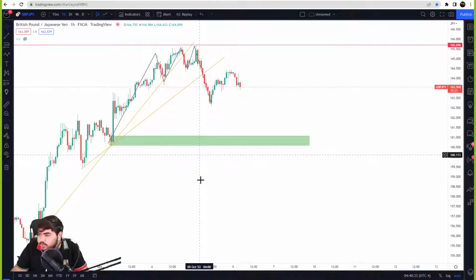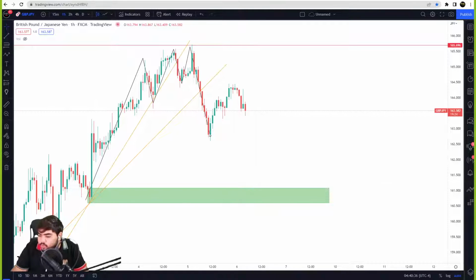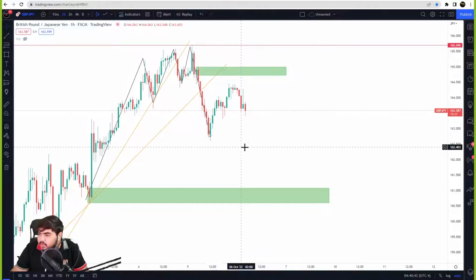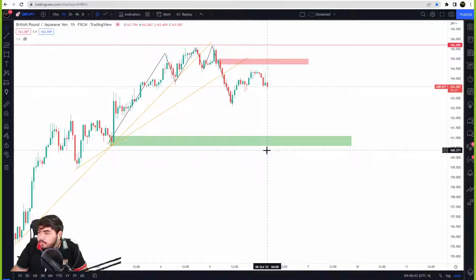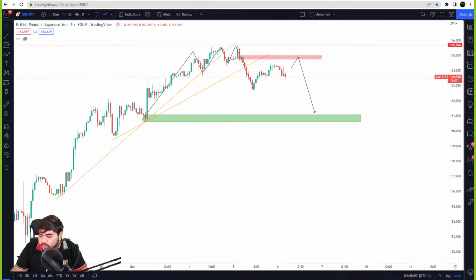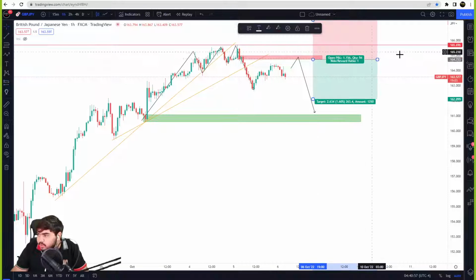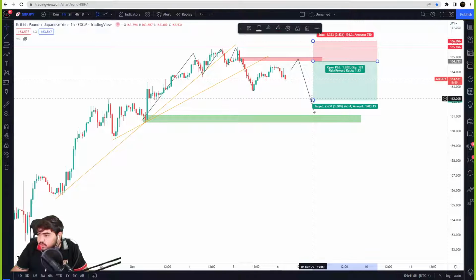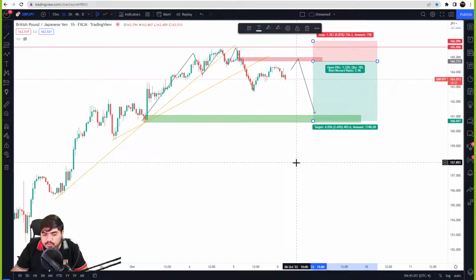That means price is now likely to go lower for the shorter term. This area looks like a good area for selling opportunities on the GBP JPY. So I would be looking for selling opportunities around this area, if we see some sort of confirmation, from this area until this area.